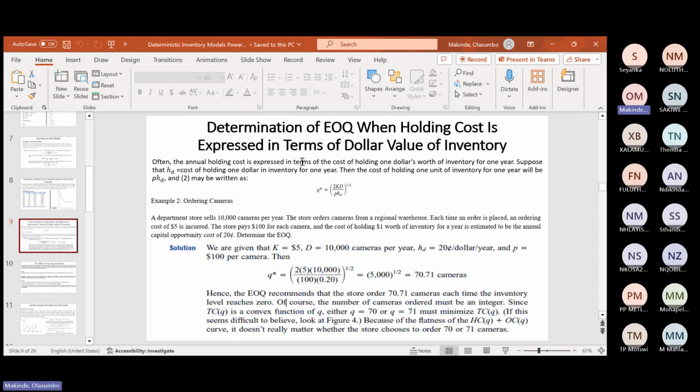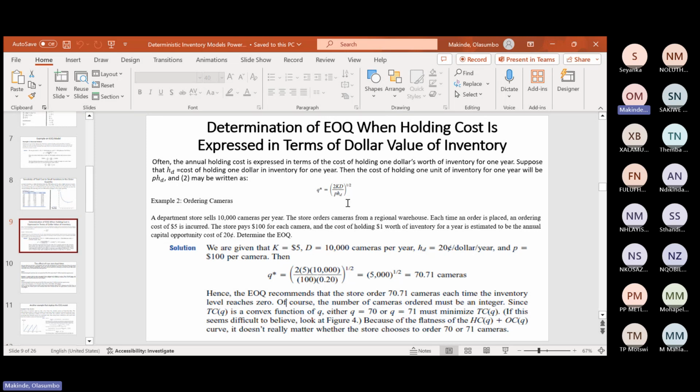So when they do this, they use this formula, which is also similar to what we have as square root of, remember EOQ is square root of 2KD over H. So that means in their own case, the H in the formula will become P times HD, where the P in this case is talking to the cost price of the item multiplied by HD.